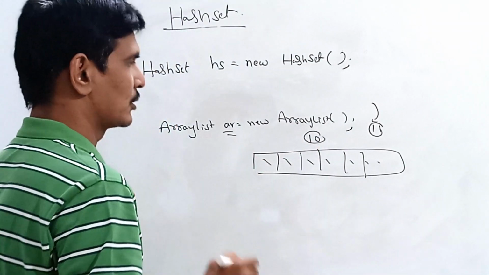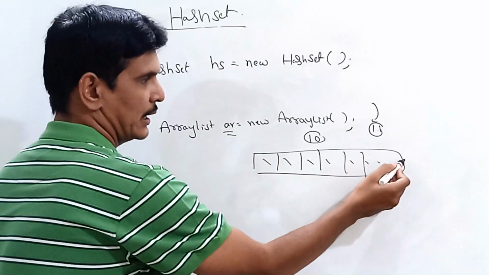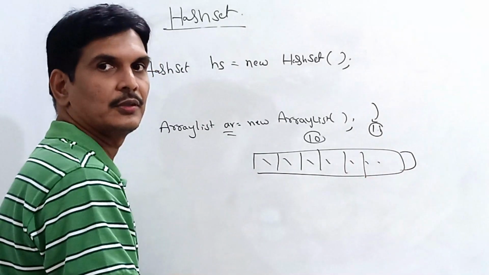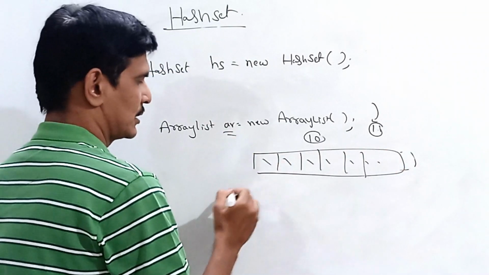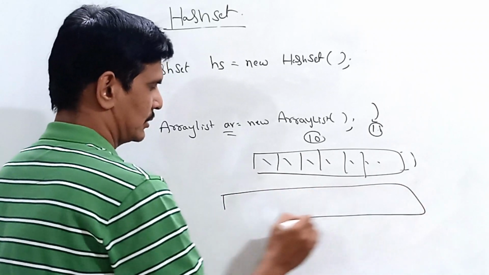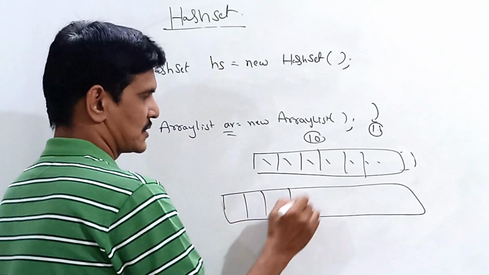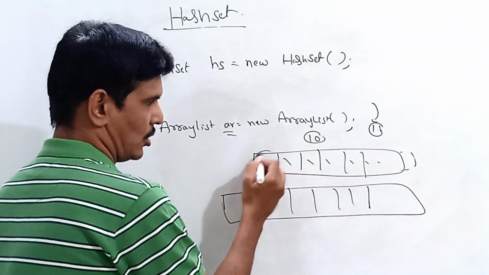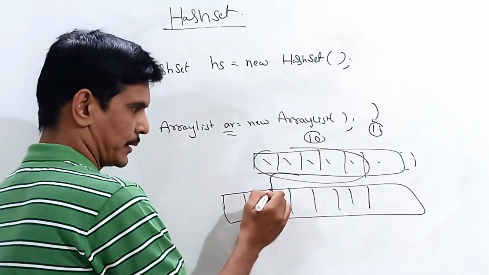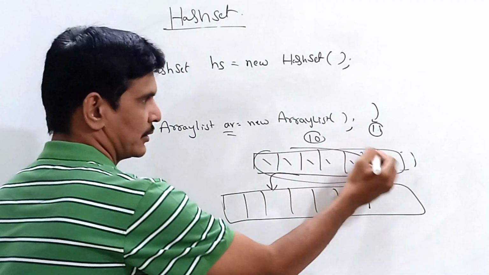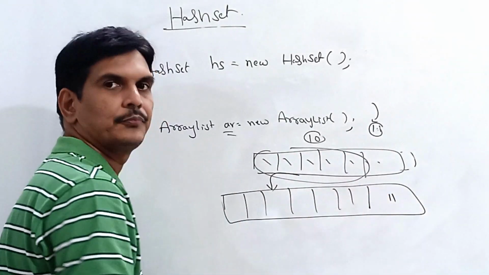Then normally it will not directly add a value at the end of the list. Internally it will create another bigger array, all the elements in the previous array will be copied into the new object, and the new element will be added here.